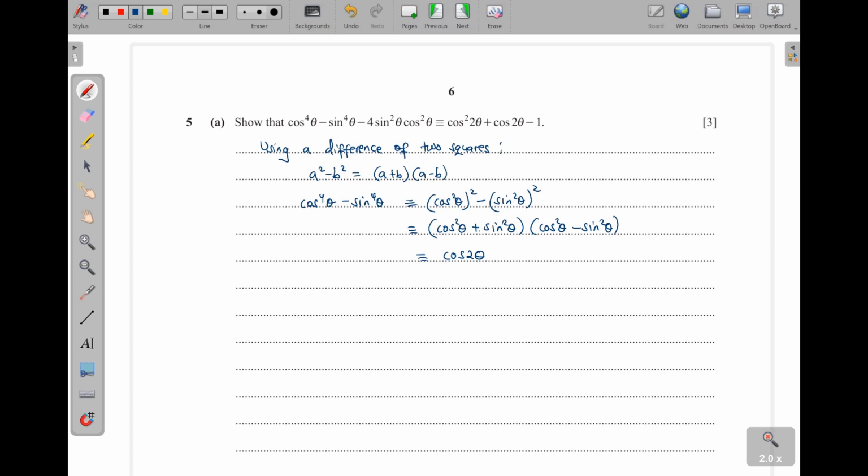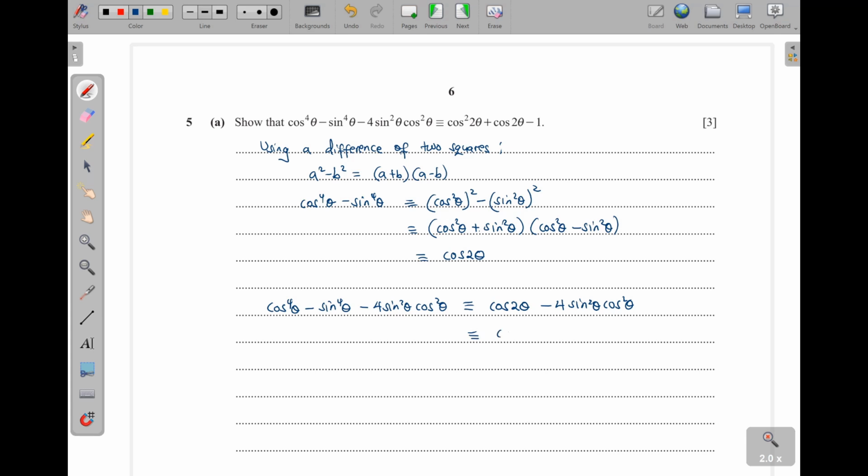So meaning the cos power 4 theta I'm given minus sine power 4 theta, then minus 4 sine squared theta cos squared theta. This one is going to be the same as cos 2 theta, then minus 4 sine squared theta cos squared theta.